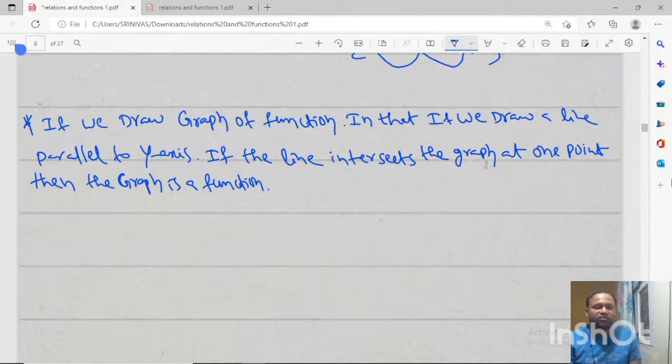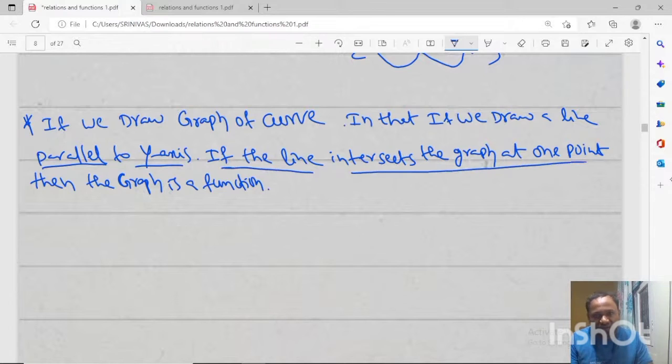Okay, if we draw a graph of a given curve, I can say curve instead of function. In that, if we draw a line parallel to the y-axis, if the line intersects the graph at one point, then the graph is called a function.